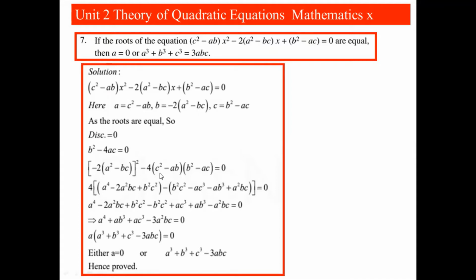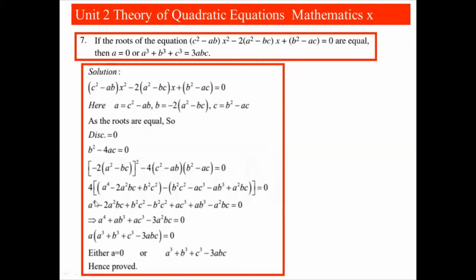Here we have to multiply this c square with b square, then c square with minus ac, then minus ab with b square, and minus ab with minus ac. So after simplification, we have this form of the equation.